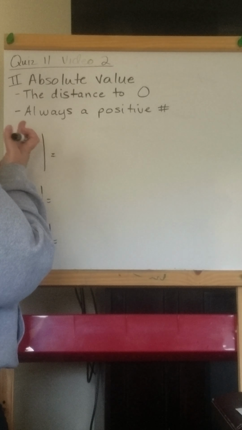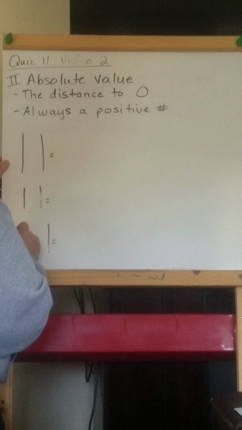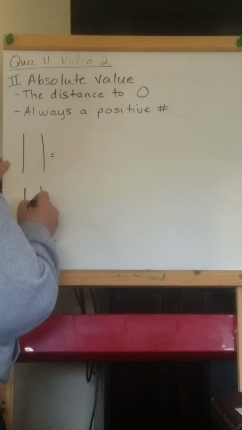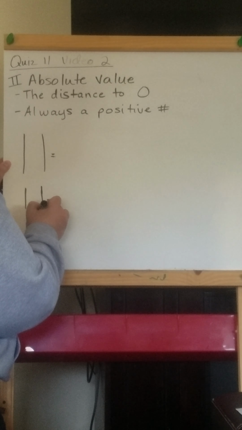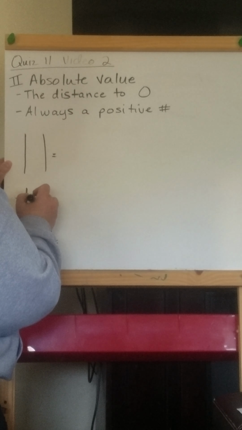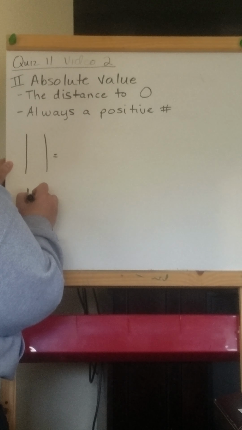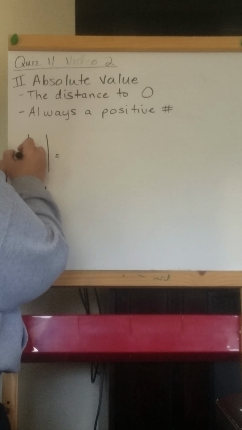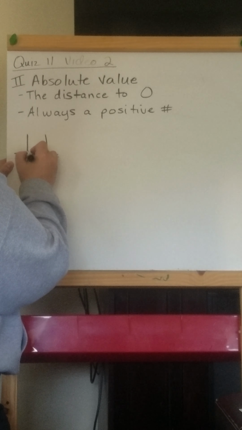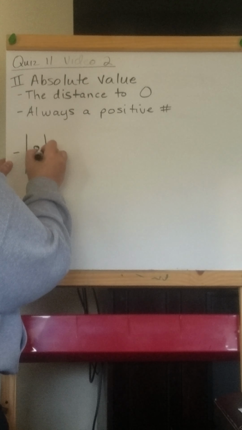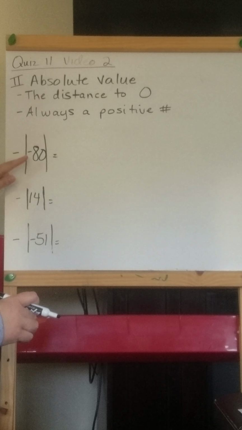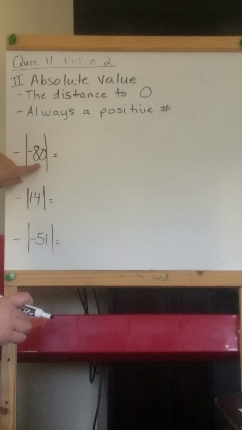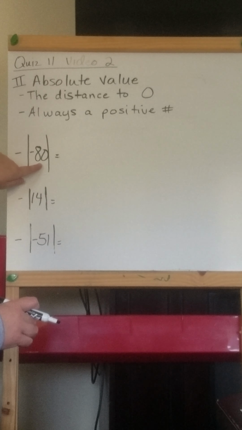Okay, so let's say we have the absolute value of -51. You know, 51 is my favorite number. Minus 14 and minus 80. Okay, so the first one we have is find the negative of the absolute value of -80.